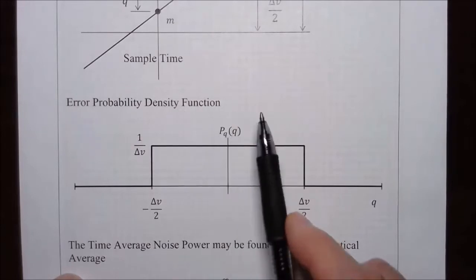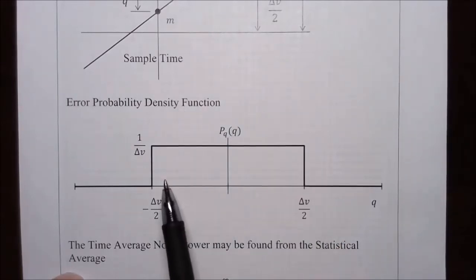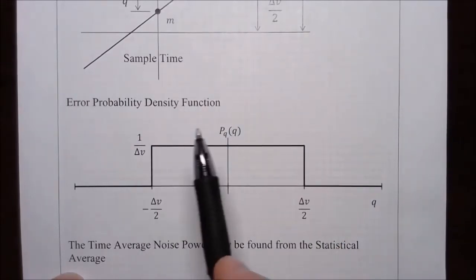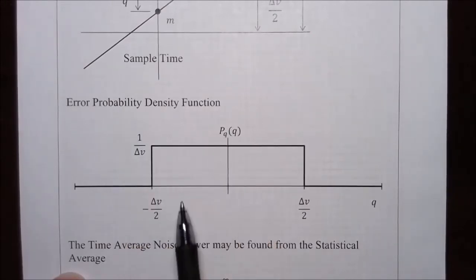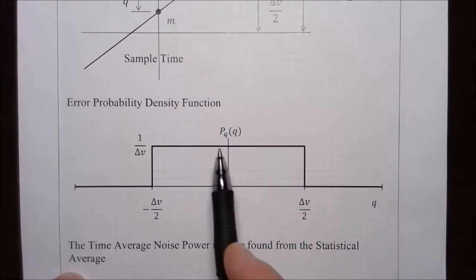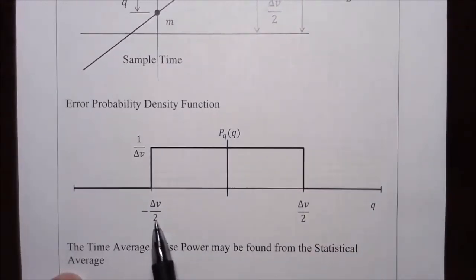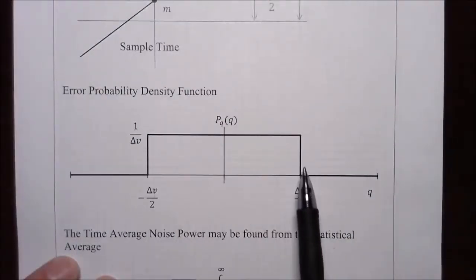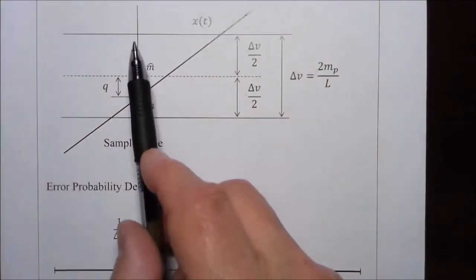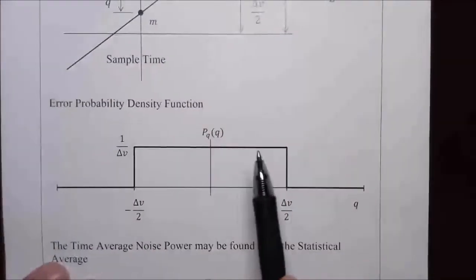This is the probability density function for the value of the error Q. The value for Q can range from minus delta V over 2, if it's here at the bottom, to plus delta V over 2, if the measured value is here at the top.